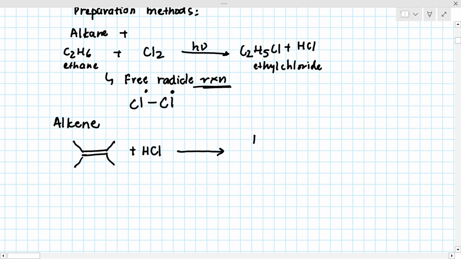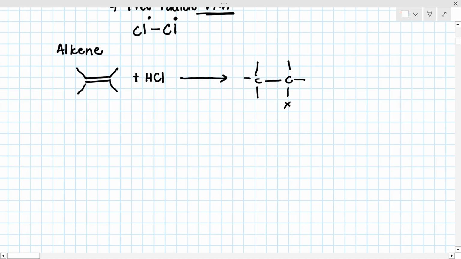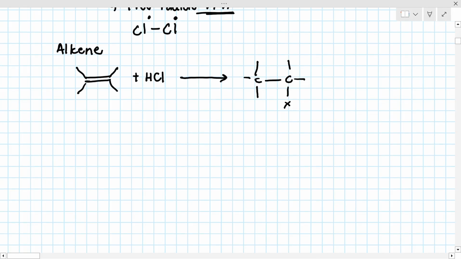You will get the haloalkane, RX. But now, when you take an unsymmetrical alkene, let's take this type, this is prop-1-ene.